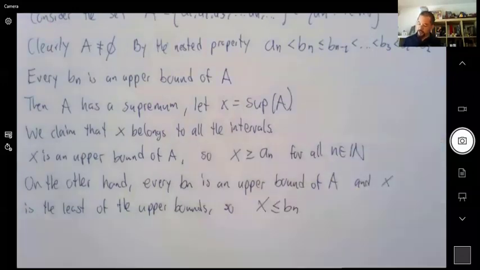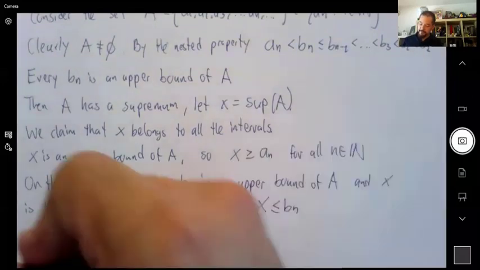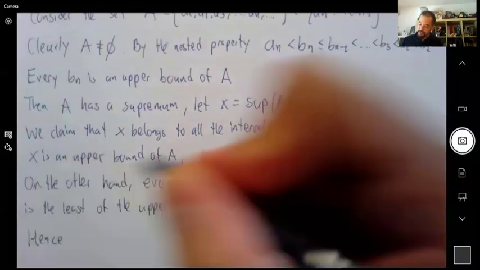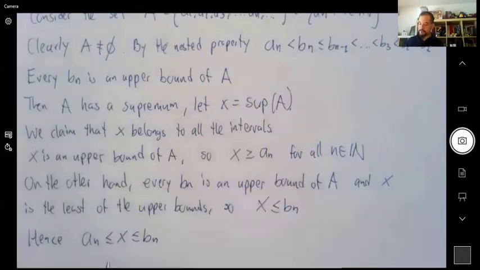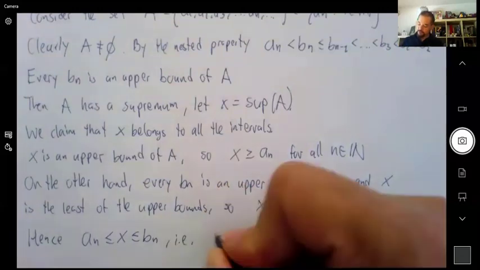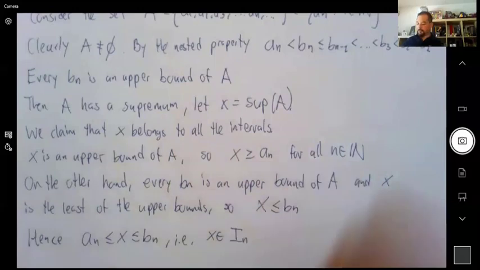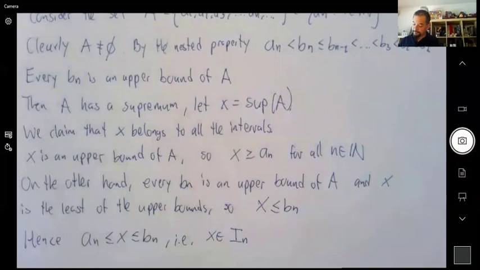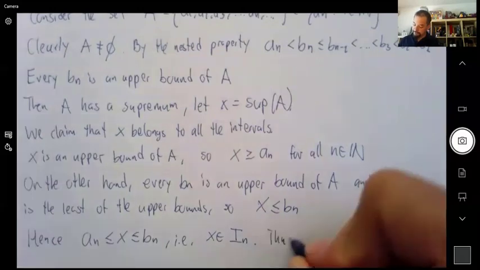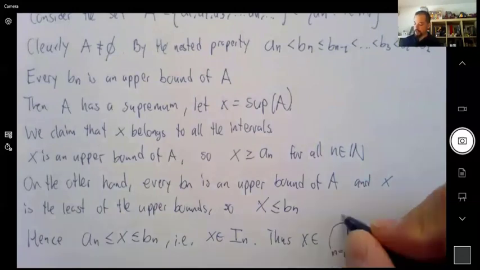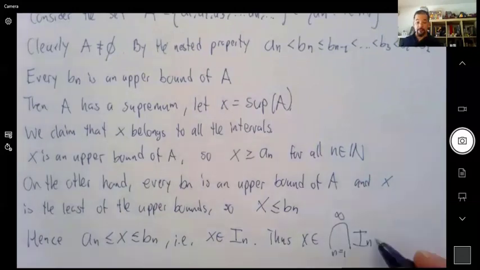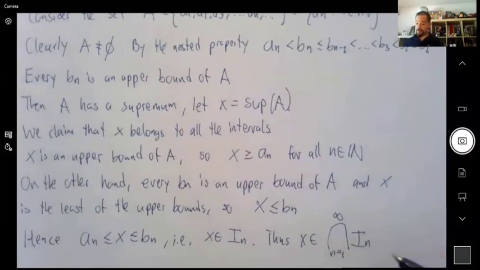And if you put these two together, what it says is that A_n is less than or equal to X less than or equal to B_n. In other words, X is between A_n and B_n. That means X belongs to the interval I_n. And because it belongs to all of them, then it belongs to the intersection. If it's in all of them, then it's in the intersection. And because we found an element in the intersection, that means the intersection is non-empty.